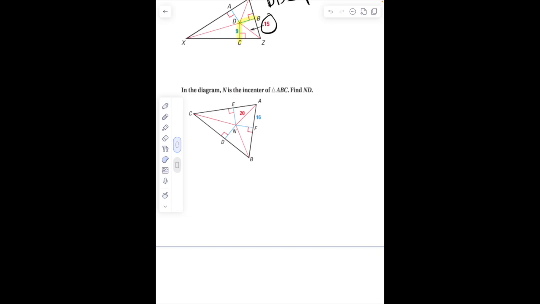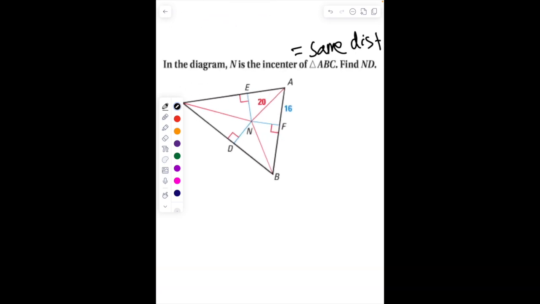So looking at this last problem, N is the incenter. And again, what does the incenter tell me? That tells me that the center is equidistant from each of the sides. So the incenter is the same distance to each side. If I look at the diagram, that's the blue lines.